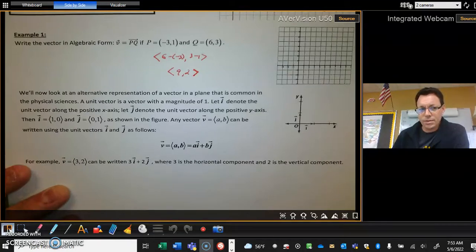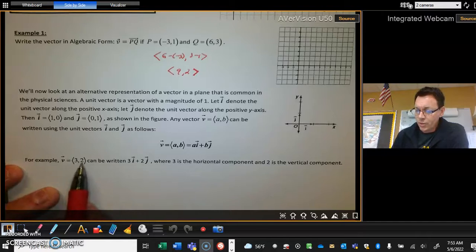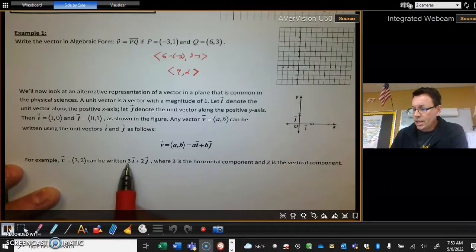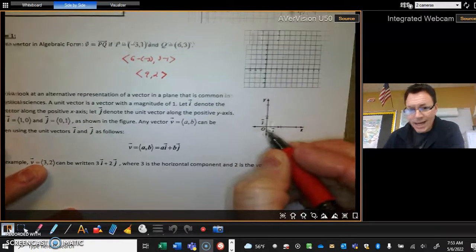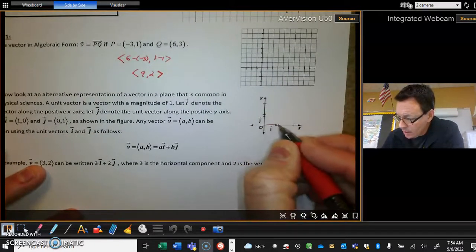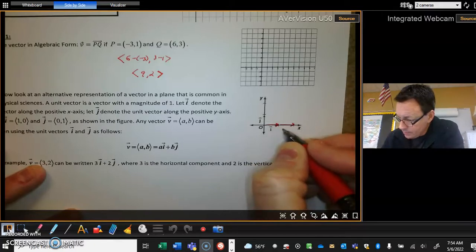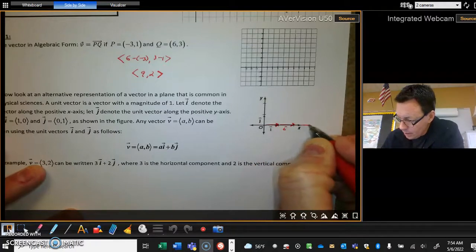So let me give you an example. Let's say we've got the vector 3, 2. Now you can probably picture that. That's a vector that's traveling 3 to the right and 2 up, which means using unit vectors, it's traveling 3 unit vectors in the horizontal direction. So there's 3 i's. So 1, 2, 3.